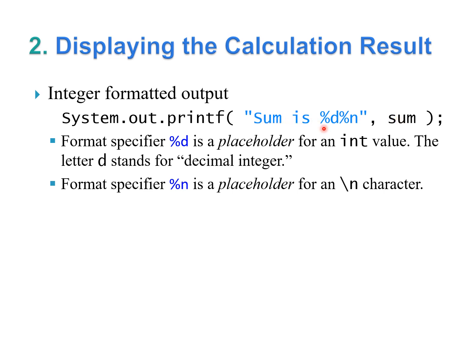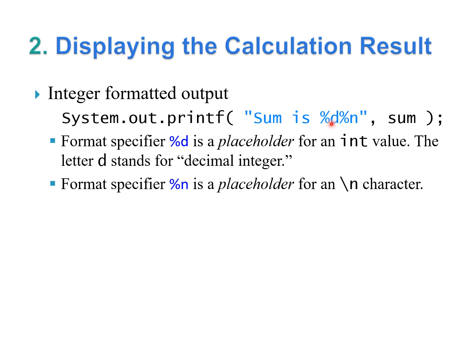formatted string. The format string in this printf statement has two format specifiers, %d and %n. The format specifier %d is a placeholder for an int value. The letter d in this specifier stands for decimal integer.